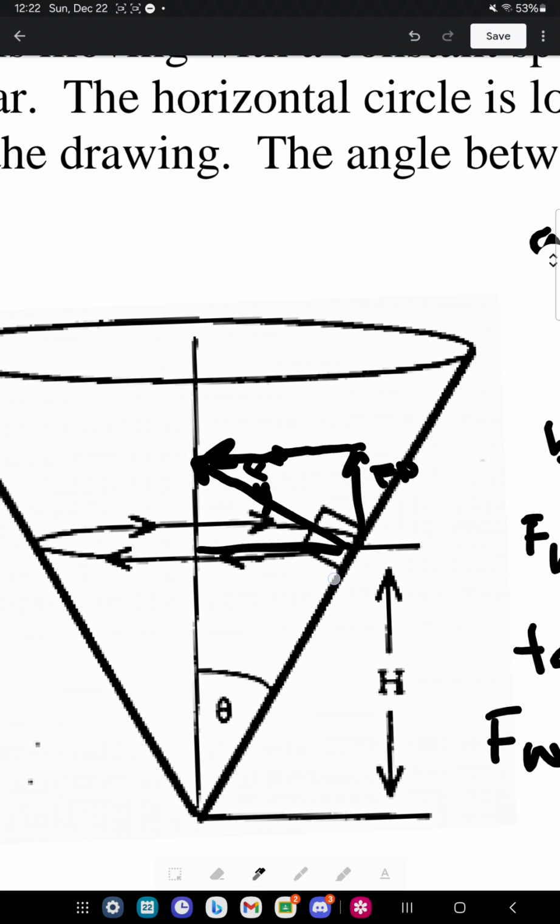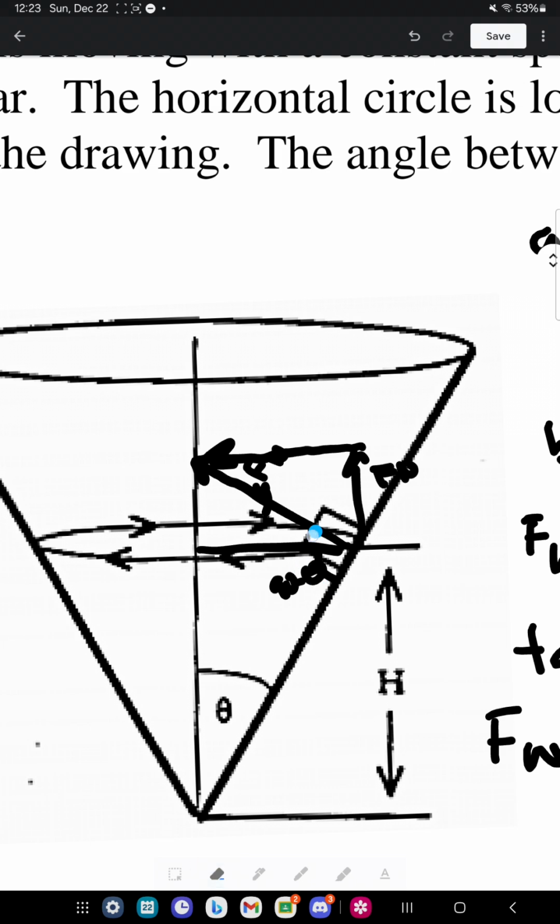If this is 90 minus theta, then this entire side here is a 90-degree triangle.